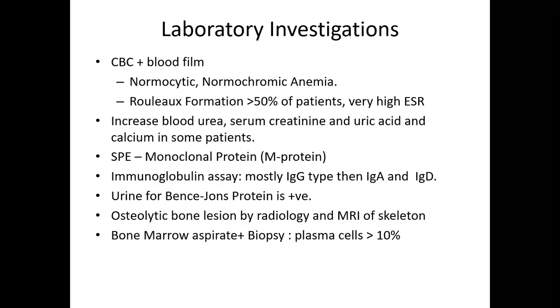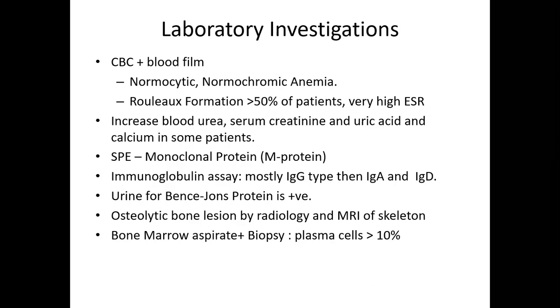If we do immunoglobulin assay, we find that there is reduction of the normal immunoglobulins, and we find the type of the M protein. The urine may contain light chains, and they are tested, these light chains, by immunoelectrophoresis or a simple test called the Bence-Jones protein test.